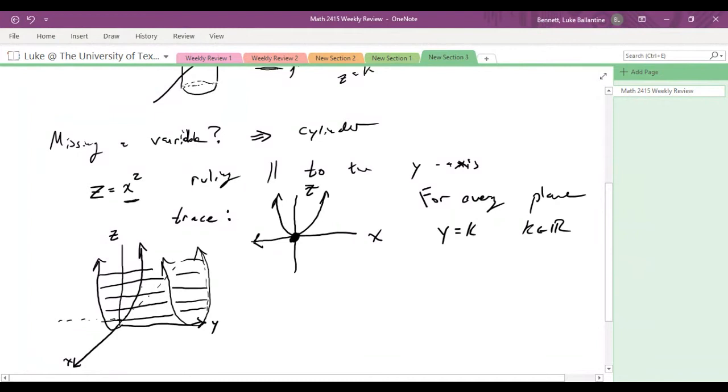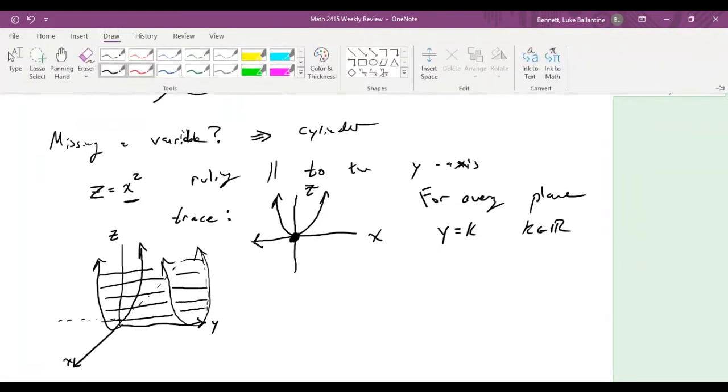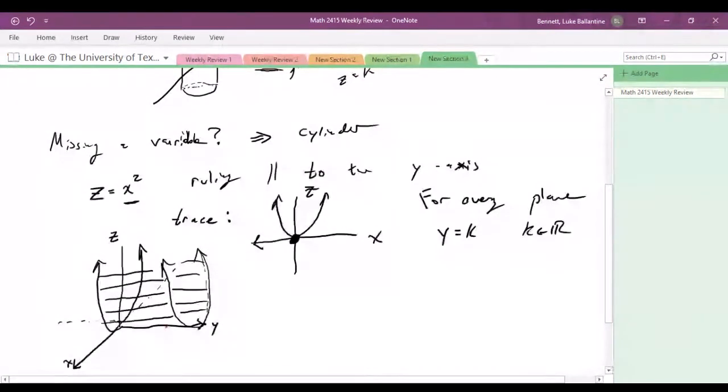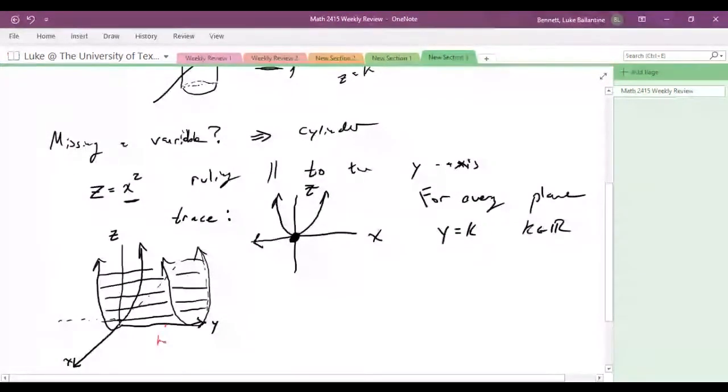It would have been easier if I had picked the plane z equals y, because that's just more natural to draw based on how I drew the axes. But yeah, we get the same parabola for every slice of plane on the y side. So this is like y equals k.